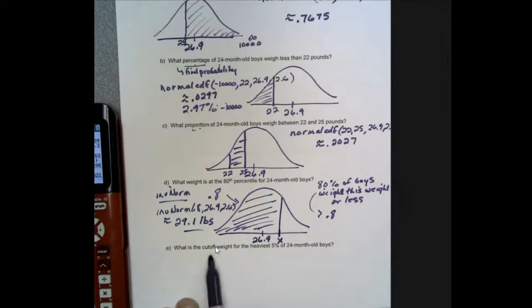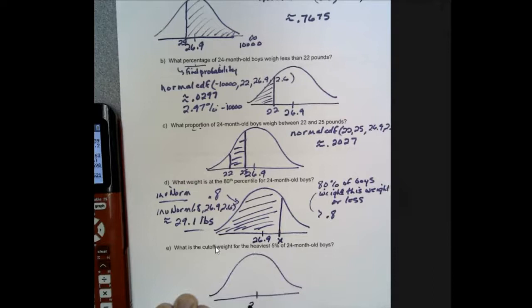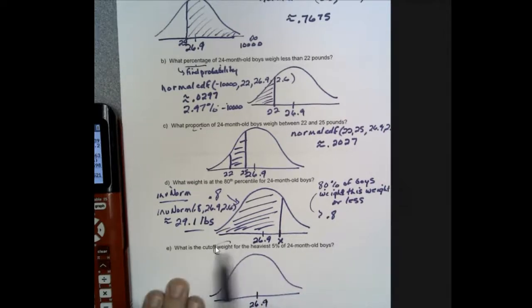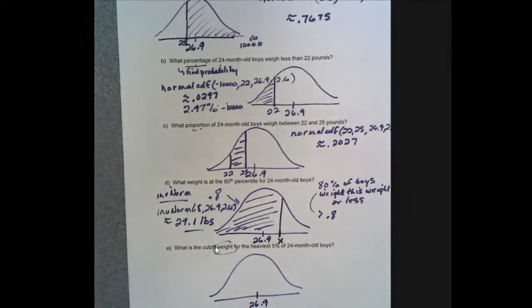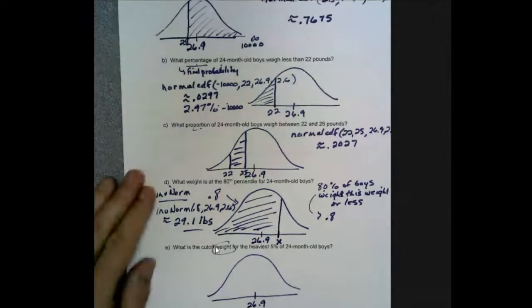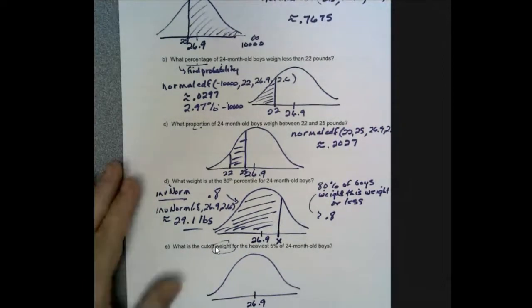And then last of all is, what is the cutoff weight for the heaviest 5% of 24-month-old boys? So I'm going to draw my picture one more time. And this one, again, they're asking us for a weight. That means that they're giving us a probability or an area, and we're going to have to use that inverse norm function.